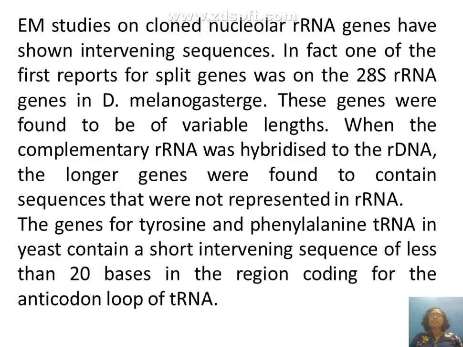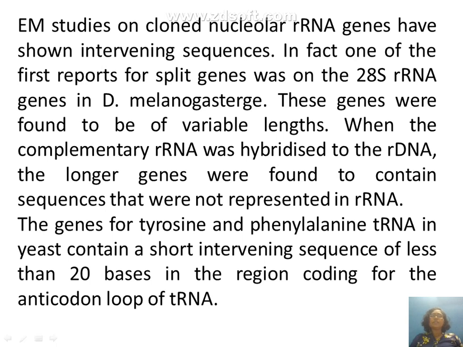EM studies on cloned nucleolar ribosomal RNA genes have shown that they contain intervening sequences. In fact, one of the first reports of a split gene was on 28S rRNA. When the rRNA gene is transcribed in the nucleolus, it was first observed in Drosophila melanogaster.